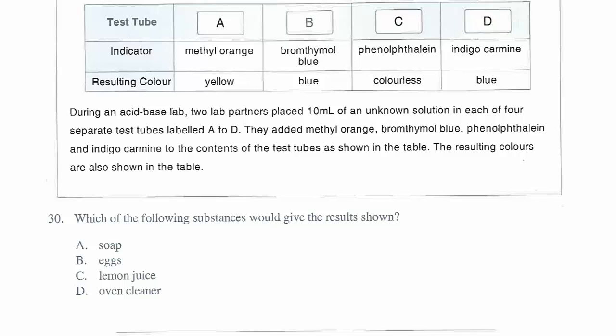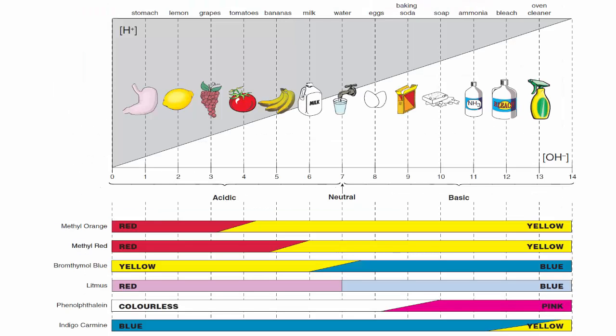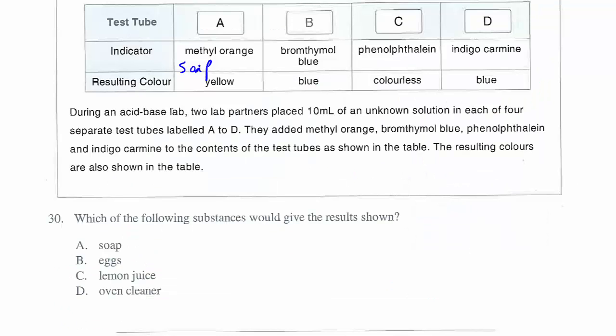So, test tube A is being tested with methyl orange, and if you look on your table of the pH scale from your data booklet, you're going to see that methyl orange is in fact yellow for soap. So we would say that soap works as a possibility.